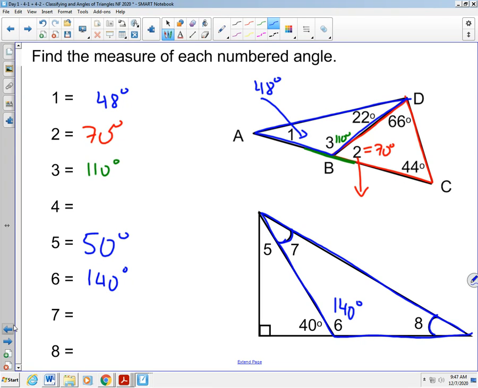So angle 7 plus angle 8 is equal to 40 degrees. But they are the same, okay, because they are congruent because of the arcs. Therefore, they are 20 each. Okay, so angle 7 is 20, and angle 8 is also 20.